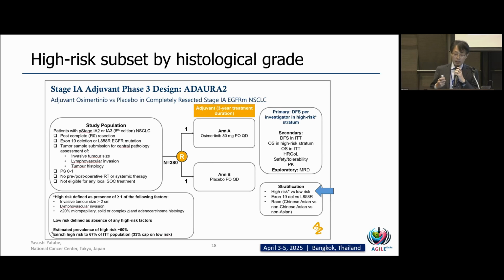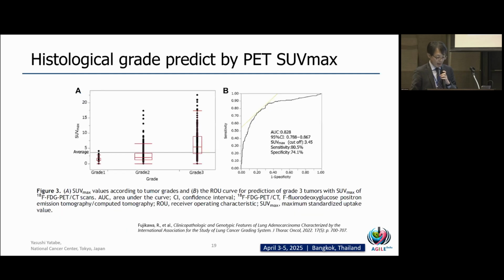So at that time, the histological grading may receive more focus. This histological grading can also be predicted by PET SUVmax: the histological grading is associated with the PET SUVmax, so you can predict it using PET.